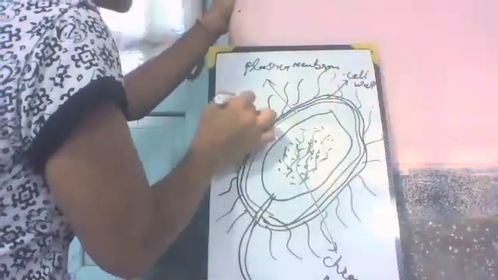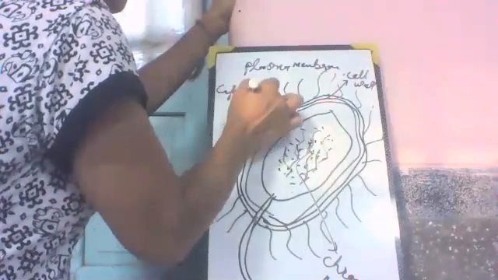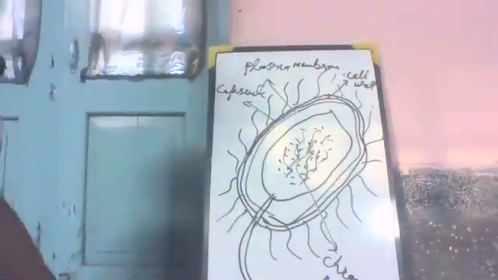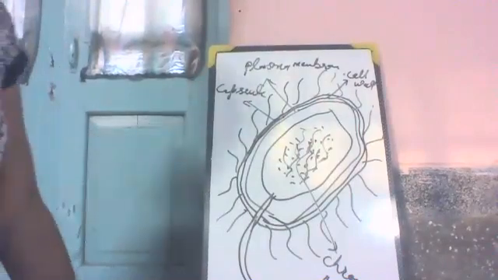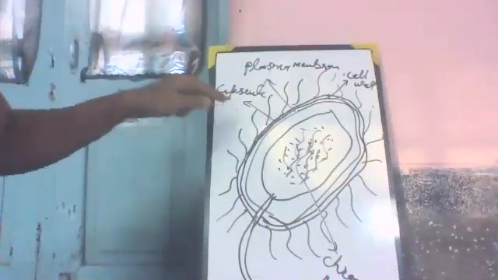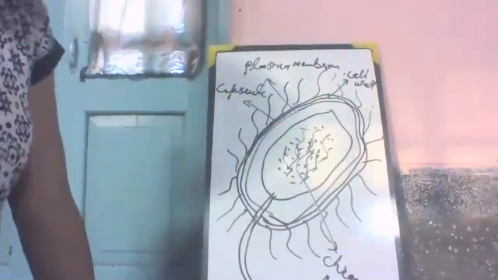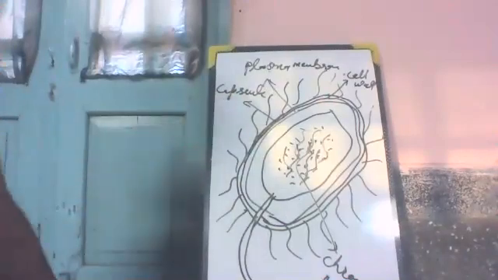And last, outermost is a capsule. The cell wall is surrounded by a gelatinous or proteinous capsule. The capsule is protective in nature. This capsule protects the bacteria from the surroundings.